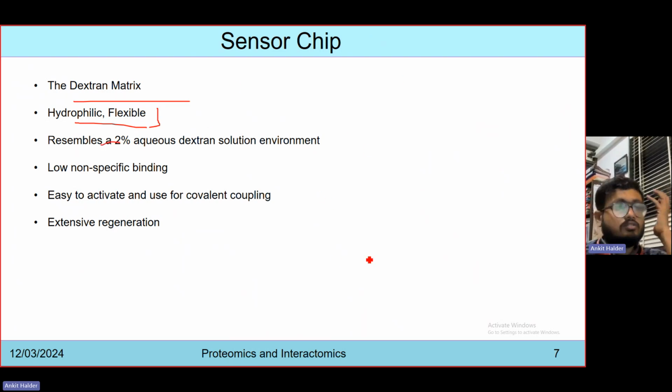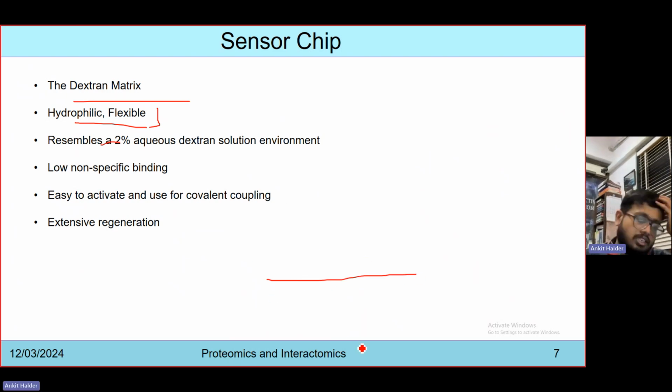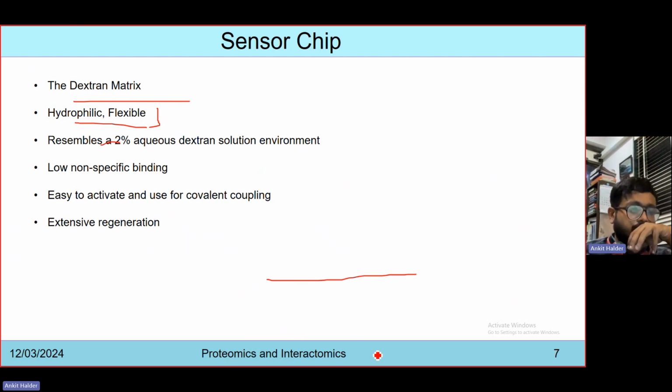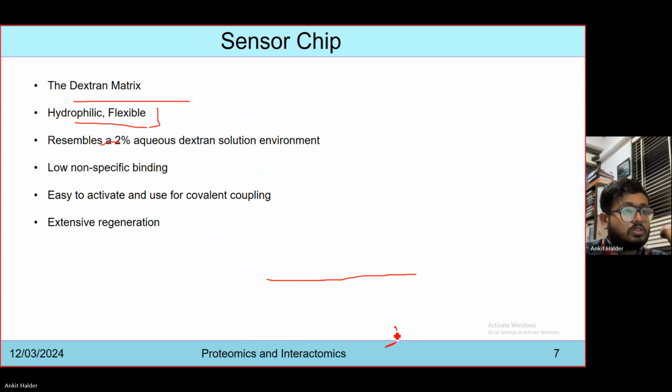So this chip, what is there? Any amount of this dextran represents your 2% aqueous dextran solution.